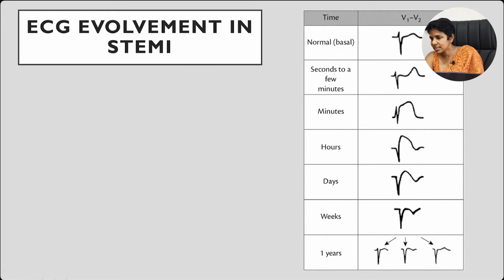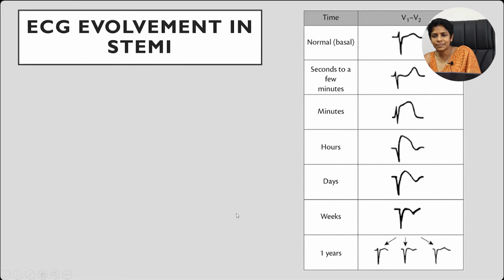So, can I take this down? With time, this is how the ST segment behaves in ST elevation MI. These are important because sometimes you might miss these ECG signs and miss an important diagnosis. Initially, you get tall T waves, and within minutes, when the total ischemia sets in, you get ST elevation.